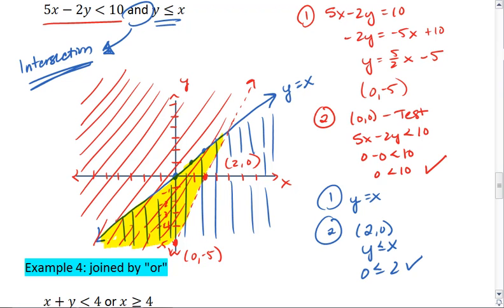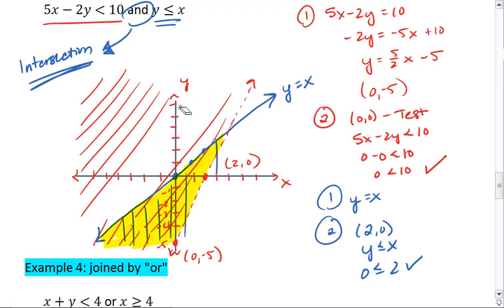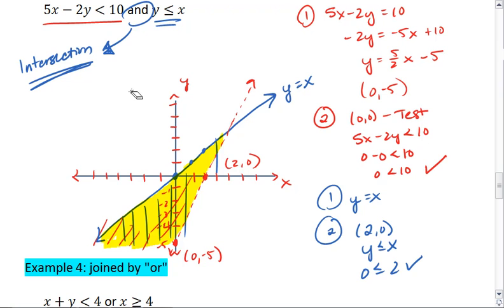Yellow is our final solution. There we go.